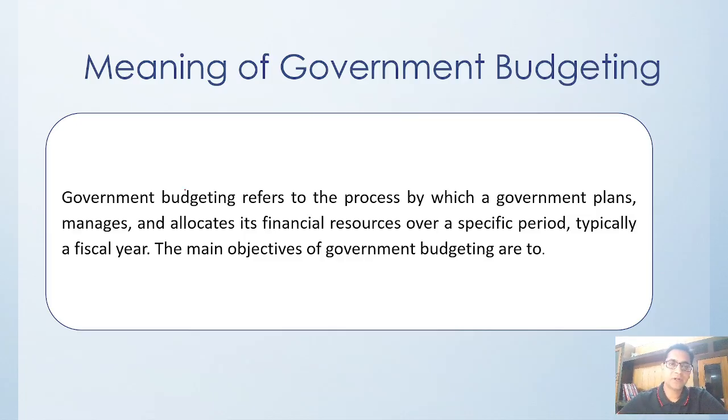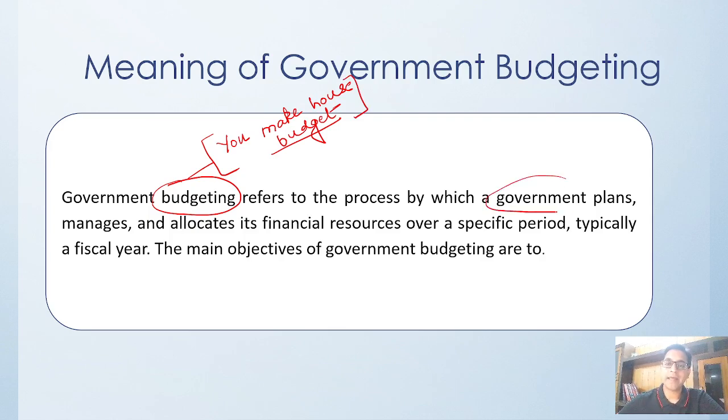Budgeting, as the word suggests, means a budget. You make your own house budget, right? What to buy, when to buy, how much to buy, what time we have to buy, how much it is going to require. Similarly, government also makes its own plans and manages its resources.